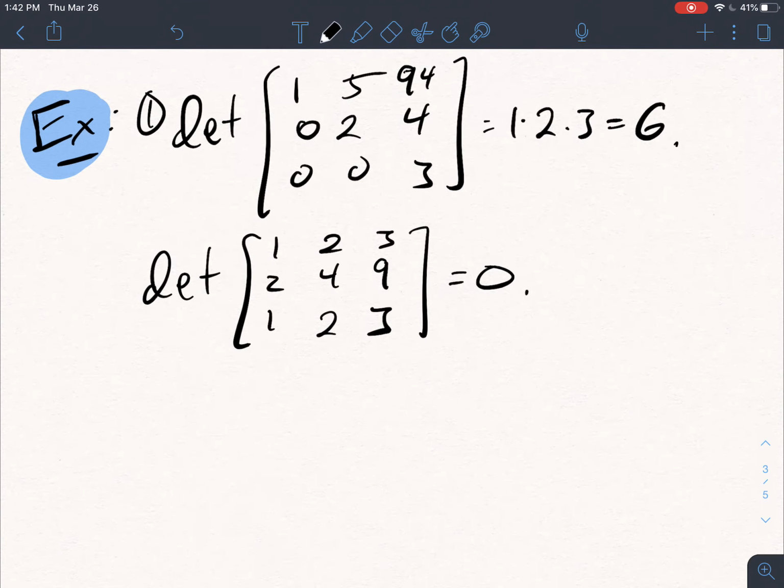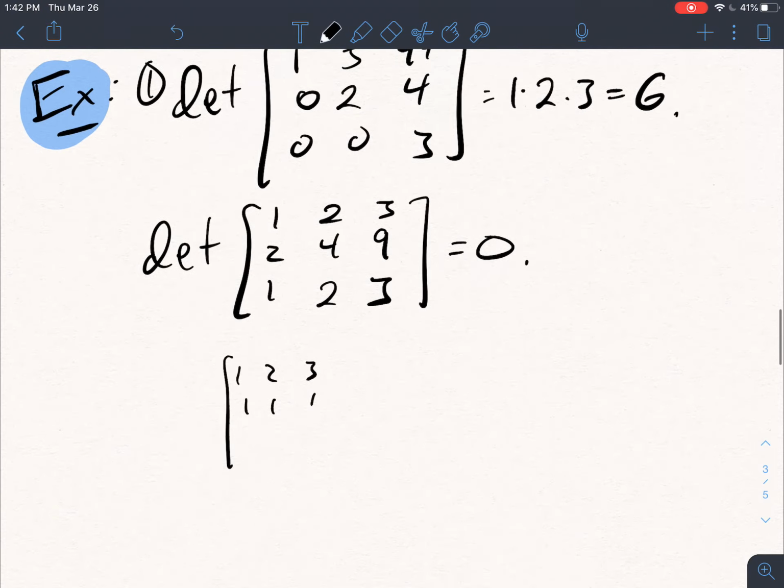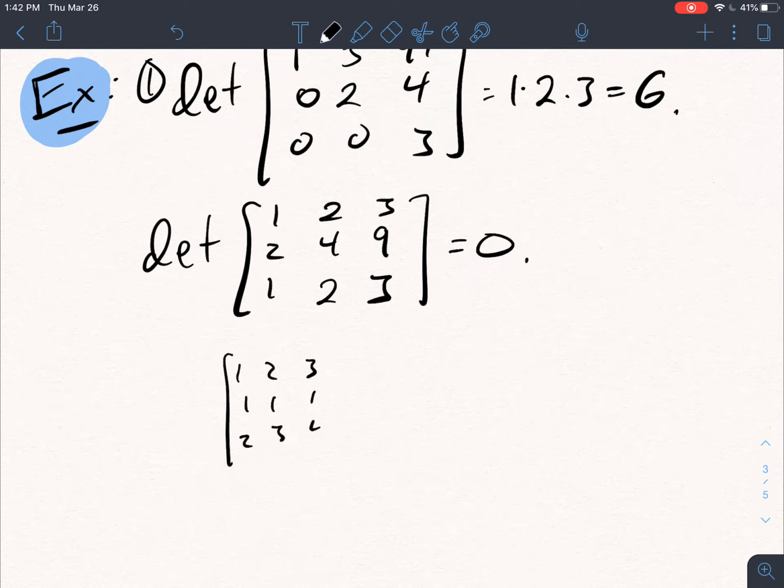There is a more general fact here too. If you had a matrix where, let's do 1, 2, 3, 1, 1, 1, and then the third row is the first row plus the second row, 2, 3, 4, the determinant is equal to 0, because this row is a linear combination of the other rows.